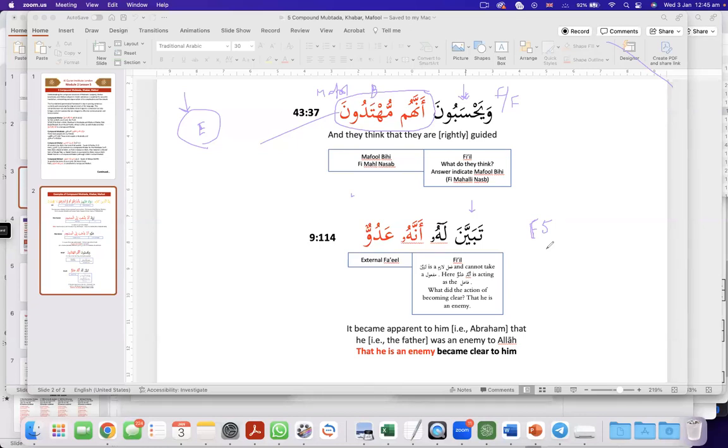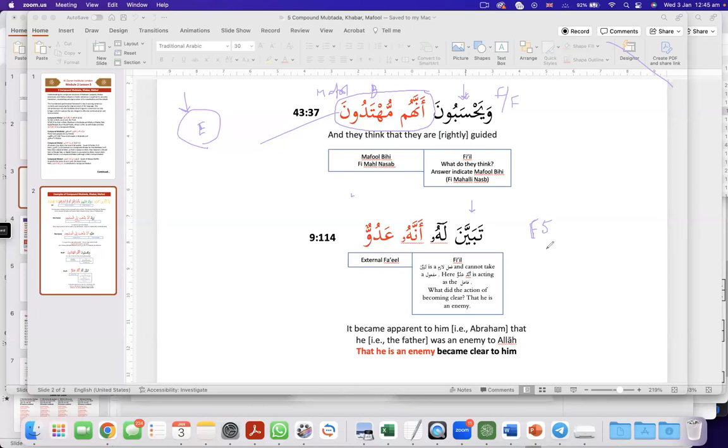Now, when tabayyana is there, the hidden fa'il could be "he" or it could be "it." A person cannot be clear to somebody else. It can be a thing, an information. So it mostly means "it."